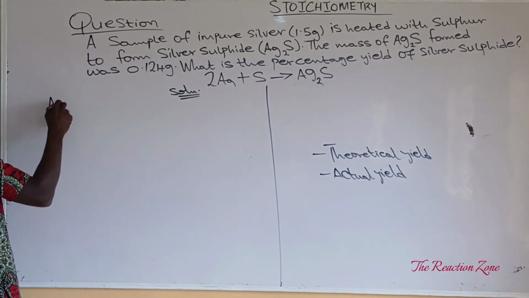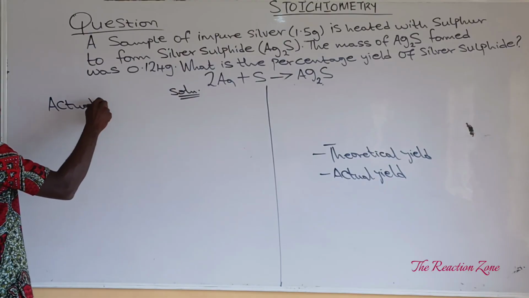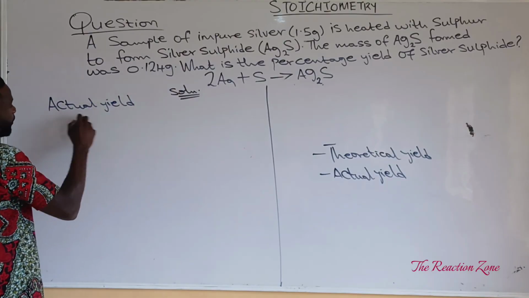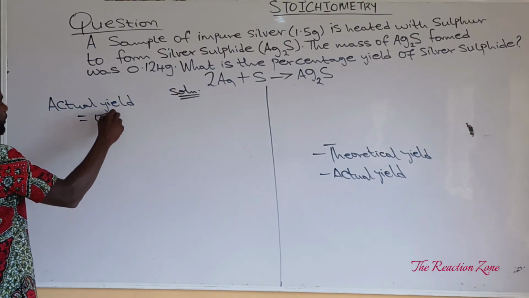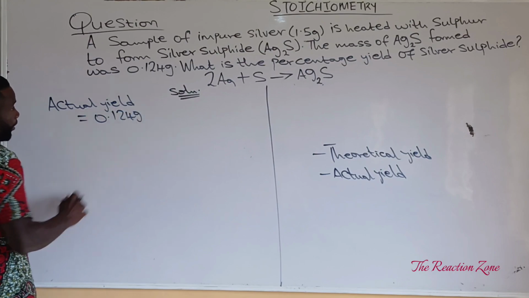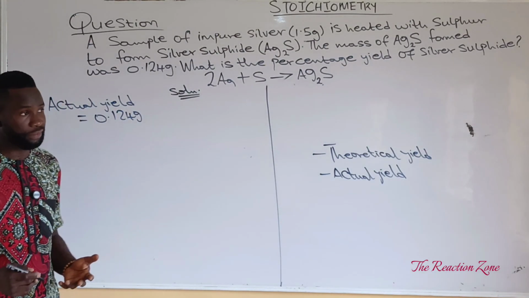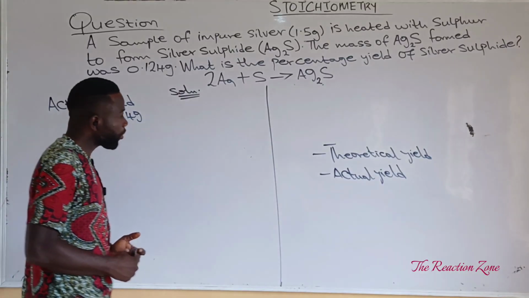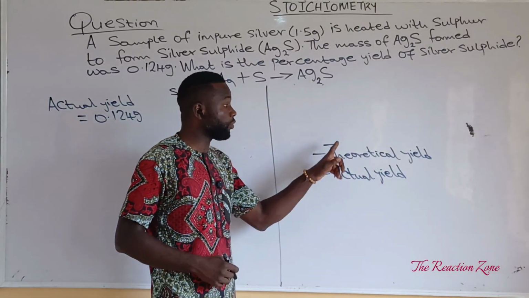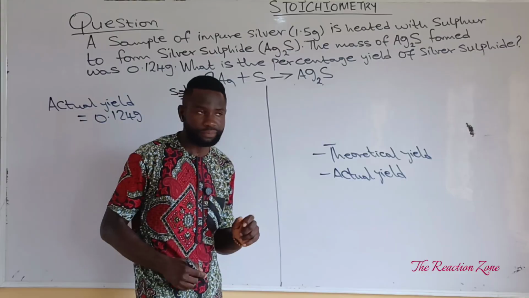That tells us clearly that the actual yield is given to us in the question, and the value is 0.124 grams. Now, before we can find the percentage yield, we need to know not just the actual yield, we also need to know the theoretical yield.